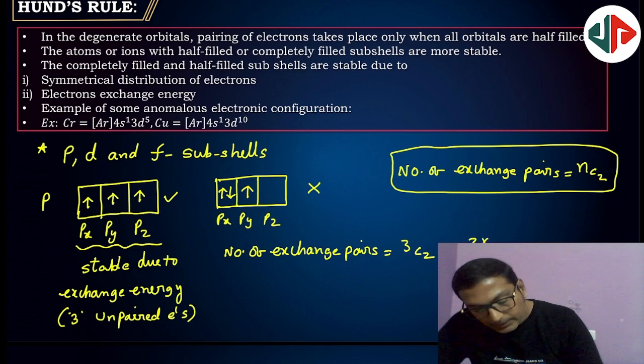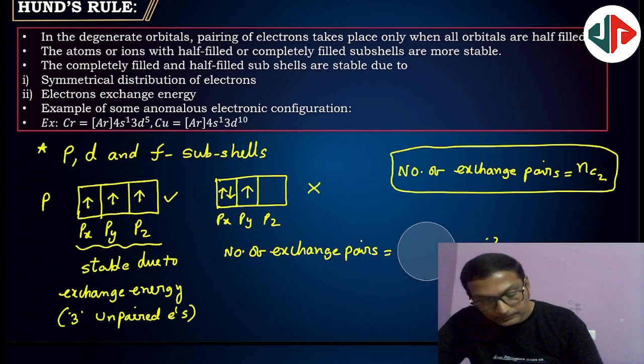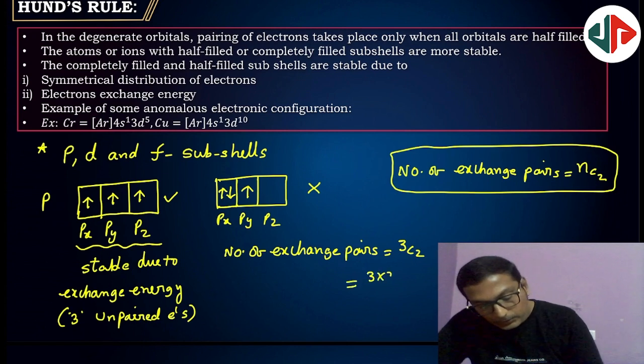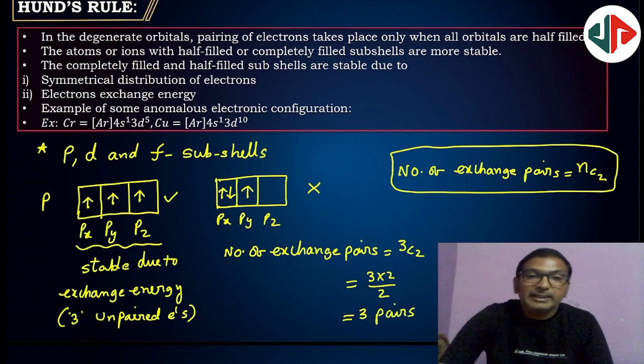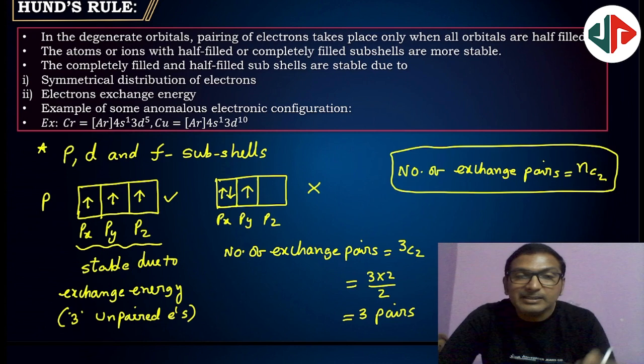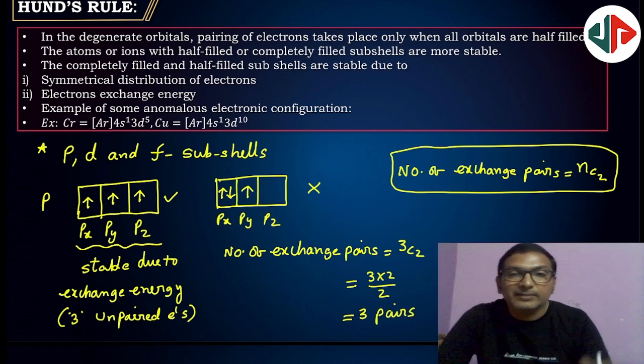That means 3 into 2 by 2. Number of exchange pairs is 3C2, which is equal to 3 into 2 by 2. That is 3 pairs. So due to 3 exchange pairs, there will be a decrease of energy. If there is a decrease of energy, stability will be increased.